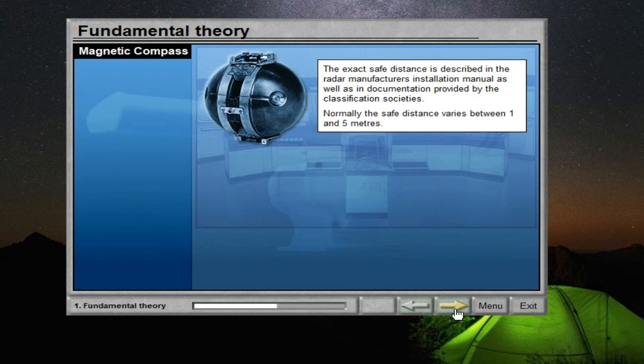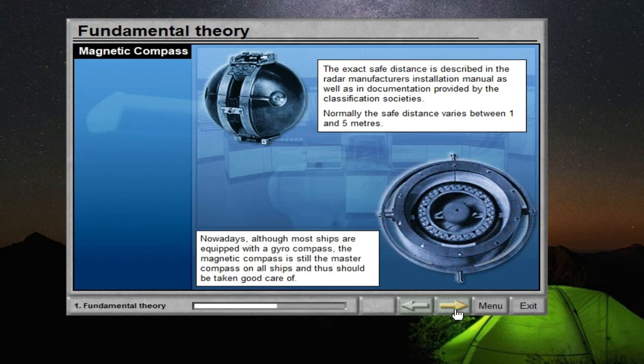Normally, the safe distance varies between 1 and 5 metres. Nowadays, although most ships are equipped with a gyro compass, the magnetic compass is still the master compass on all ships, and thus should be taken good care of.